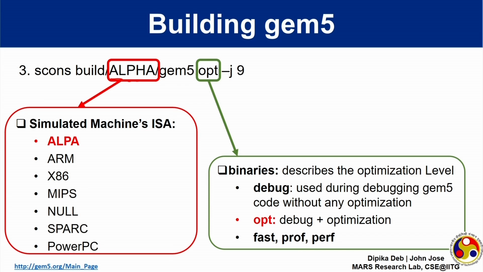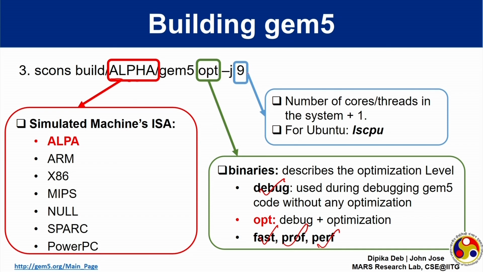It is fast and it has almost all of the debug features. There are other types of binaries available, such as perf, prof, fast and gem5.debug.